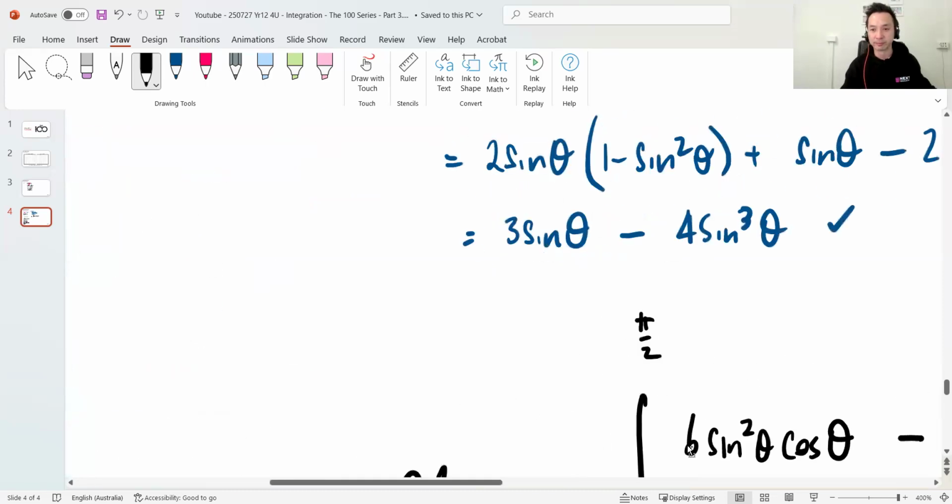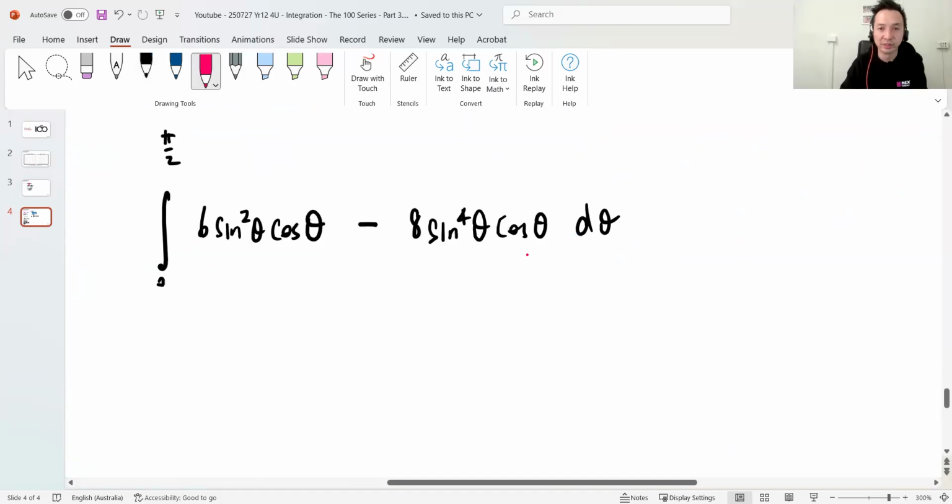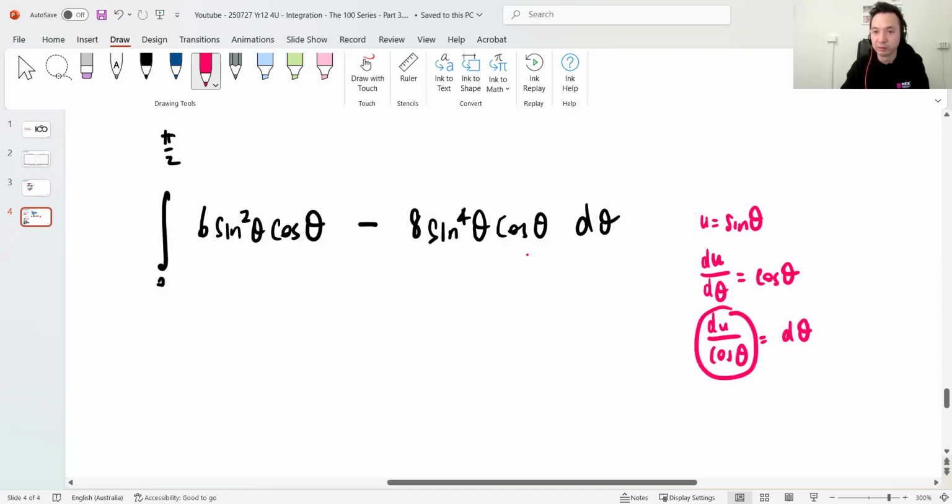All right, let's see. I call it u sub. Some teachers just call it substitution. So if I let u equal sine theta, du d theta equals cos theta, which means du on cos is equal to d theta. So I'll be replacing that in here. Because there are limits, I'll change the limits.